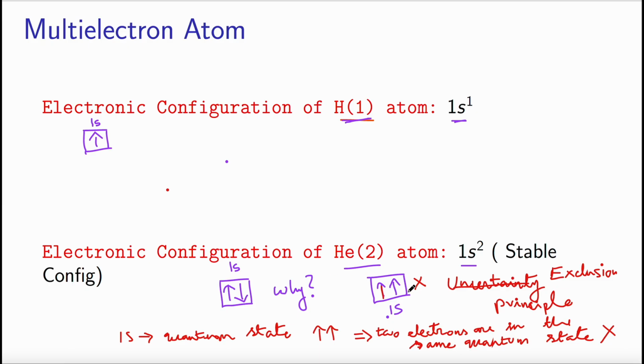But here both the electrons are in the same quantum state, and that is not allowed by Pauli's exclusion principle. So this is the logic. This is correct. So this is hydrogen atom and this is helium atom, and this is a stable configuration because helium is an inert gas.